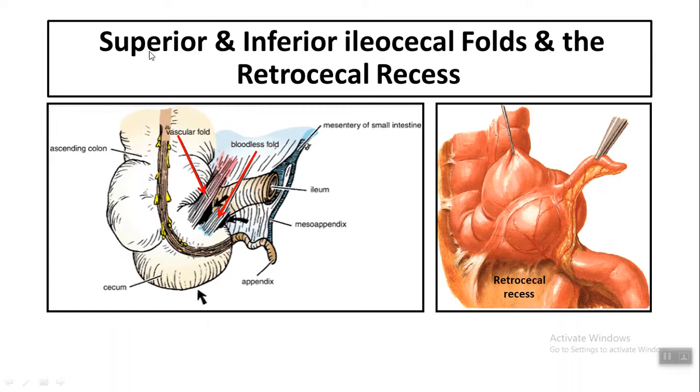We call these folds of peritoneum the superior and inferior ileocecal folds, which extend in between the cecum and ileum. They will form a recess that is called the retrocecal recess, meaning behind the cecum, which is the pocket that always contains the appendix.